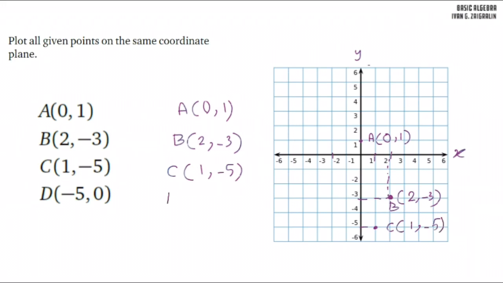And for D, x coordinate -5 and y coordinate 0, and we find -5 on the x-axis and 0 on the y-axis, which is here. D, -5 and 0.